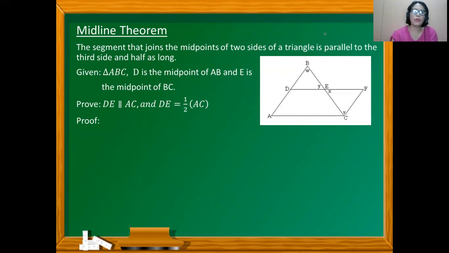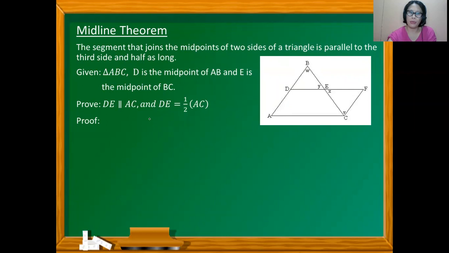So what we're going to do is to prove Midline Theorem as well as another proof on the property of an isosceles trapezoid. So given here, triangle ABC, D is the midpoint of AB, and E is the midpoint of BC.